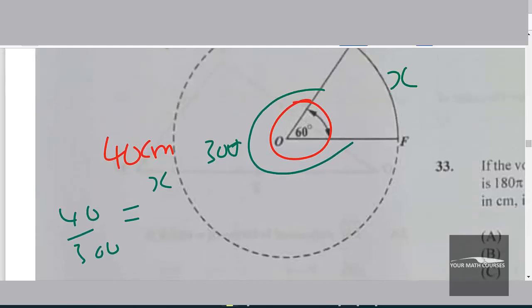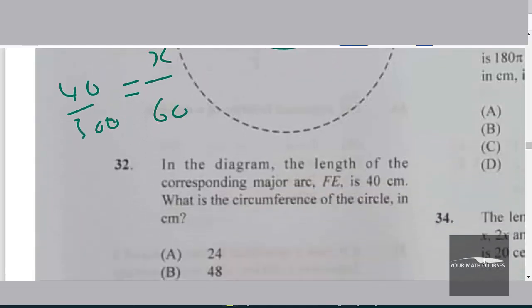If we put this one to be x, what will correspond to 60? So 40 corresponds to 300. So what will correspond to 60? Then with this, we can now find x and add it to 40. That is one way. So let's go. So x will be equal to 40 over 300 times 60.